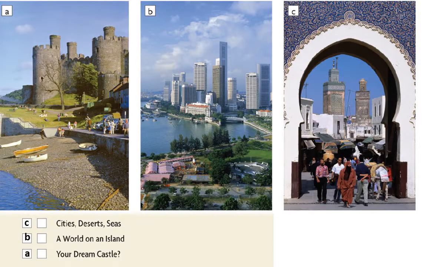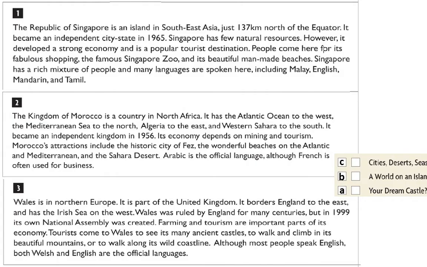Let's go together to the same exercise, but we need to skim the paragraphs in order to choose which paragraph matches one of the three topics. The first paragraph is about the Republic of Singapore, which is an island in Southeast Asia.